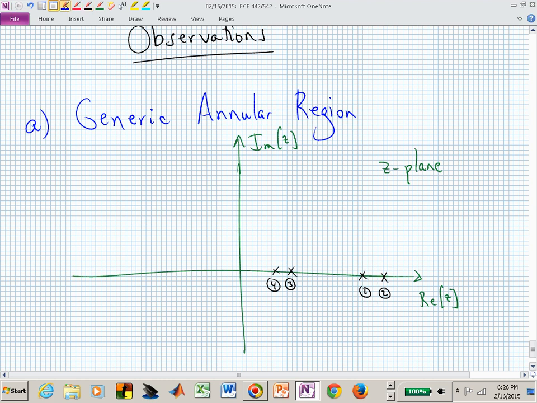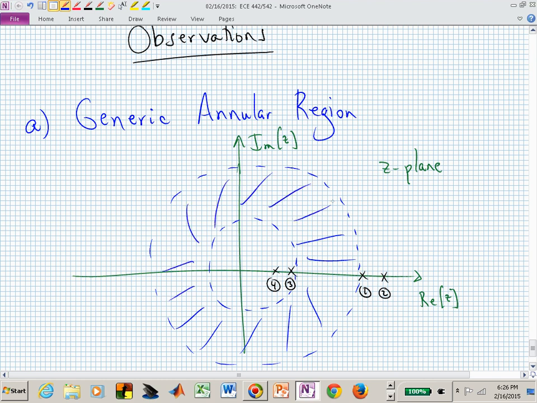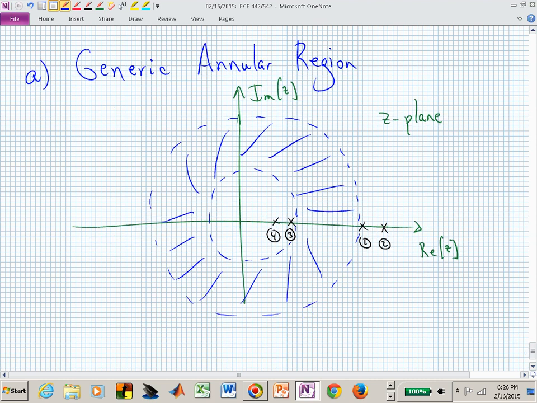And let's say that our region of convergence is annular, and the annular pattern is defined by these bounds from pole 1 and pole 3.